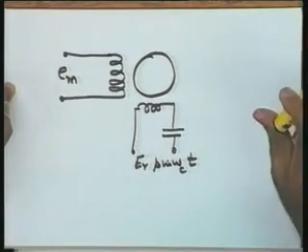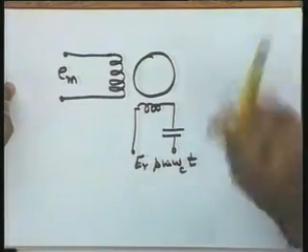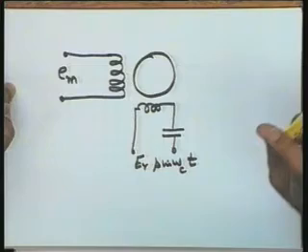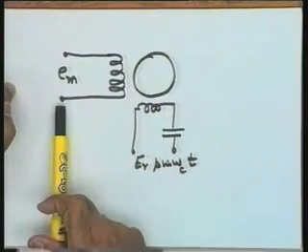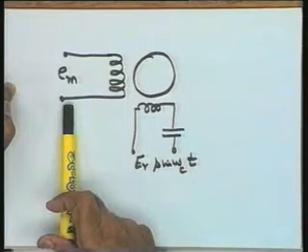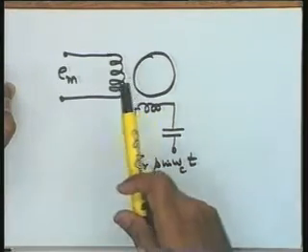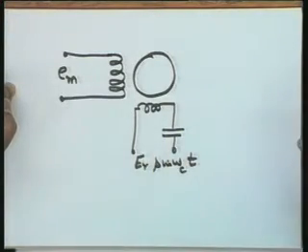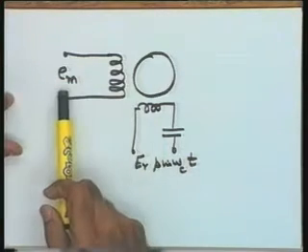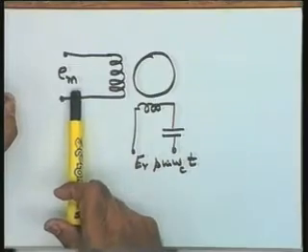Understand my question: the output of the synchro error detector, which is the output of the rotor of the synchro control transformer, if I directly connect to the control phase winding over here, in that particular case no modulator is required in between, because the control phase voltage requires a modulated signal and the synchro error detector is directly giving you a modulated signal. So in this case I can say that the output of the synchro error detector is directly being given to the control phase of the motor.